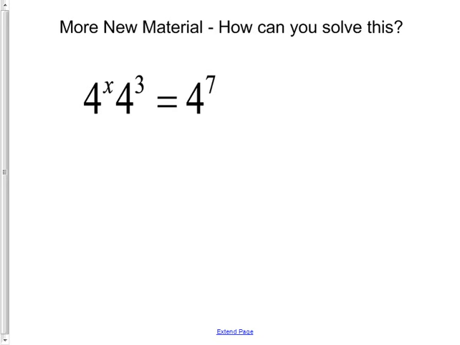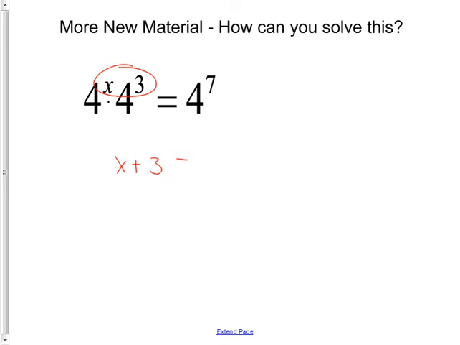There's some more new material here. 4 to the x times 4 to the 3 equals 4 to the 7th. If there's no multiplication sign, we can assume that there's a multiplication right there. What do we know about bases? If they're the same, you can. Yes, you can put the exponents together. In this case, do we multiply them or add them? So, what are you saying I should write?